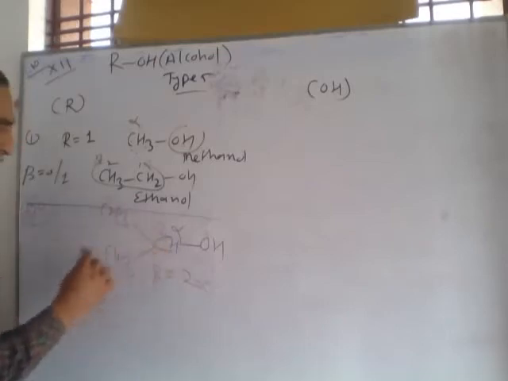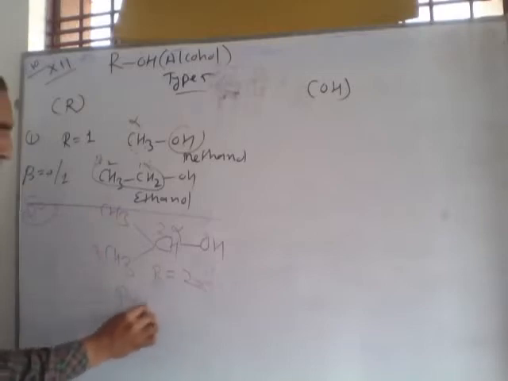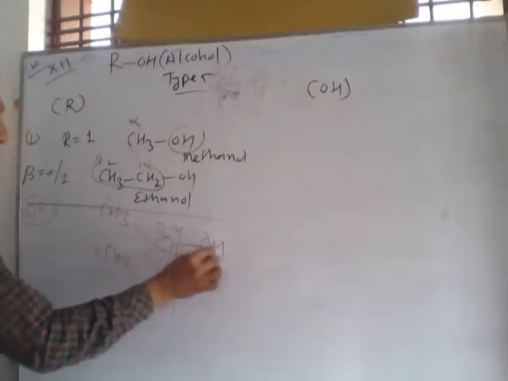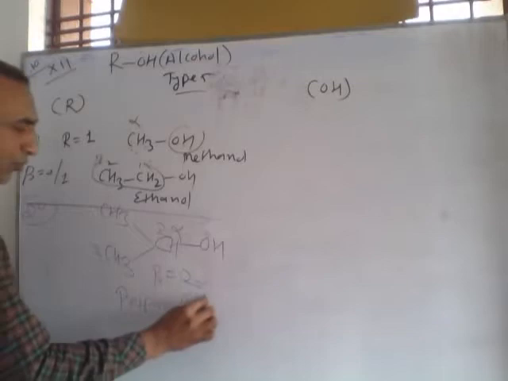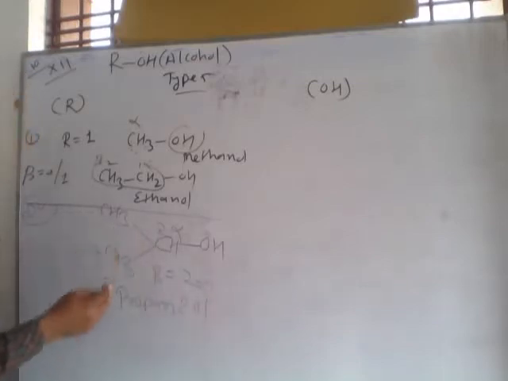In this compound total 3 carbon, so we can say this is propane. In propane on second carbon, we can write propane 2-ol. Its IUPAC name, but the general name is isopropyl alcohol. You can also say this is secondary propyl alcohol.